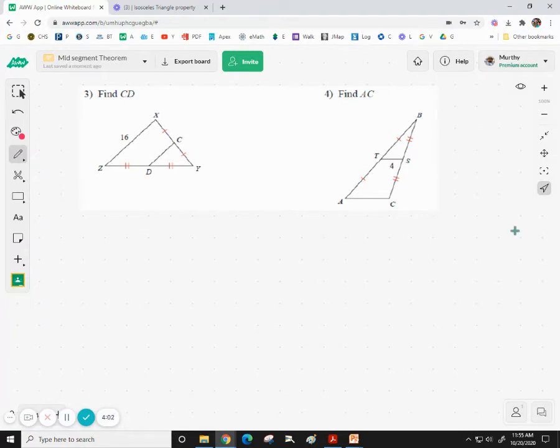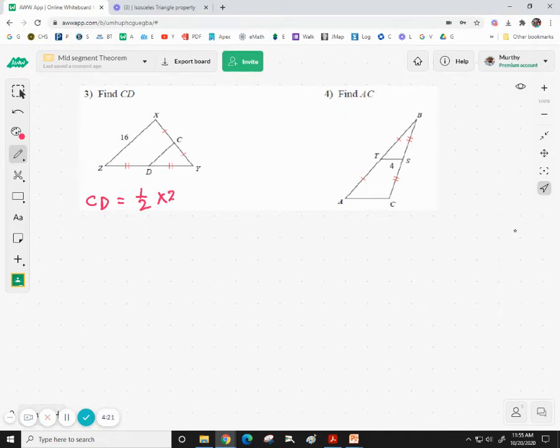Friends, just now we discussed that by the mid-segment theorem, the length of CD equals half of. You please observe that the length of CD is half of XZ.